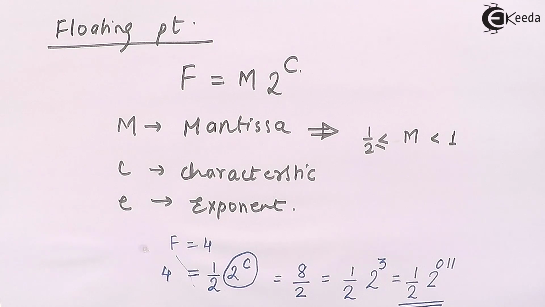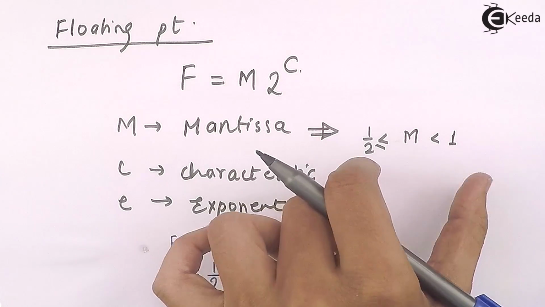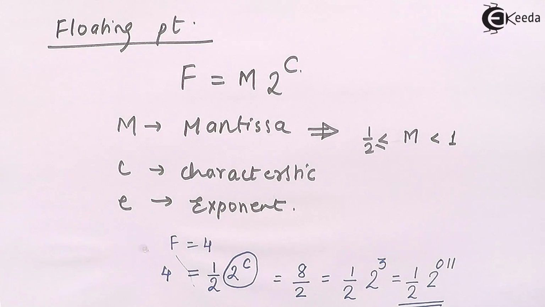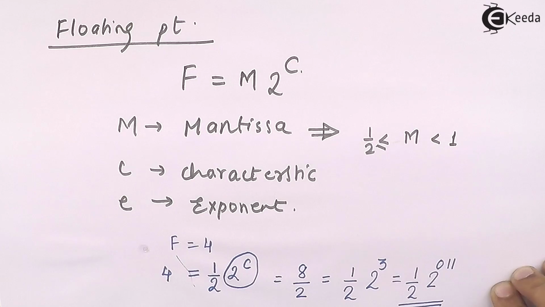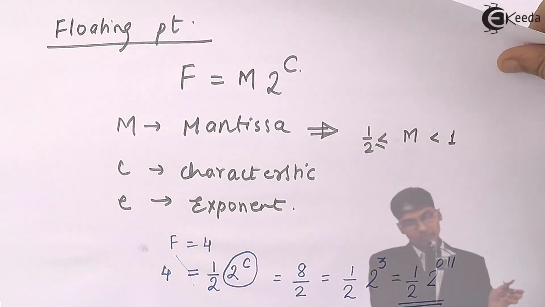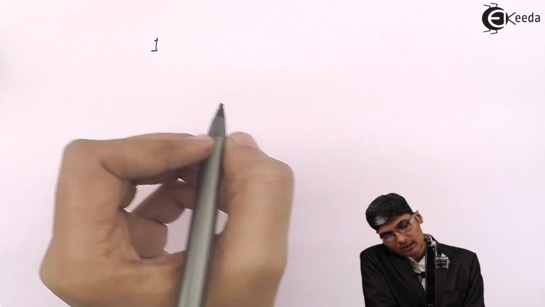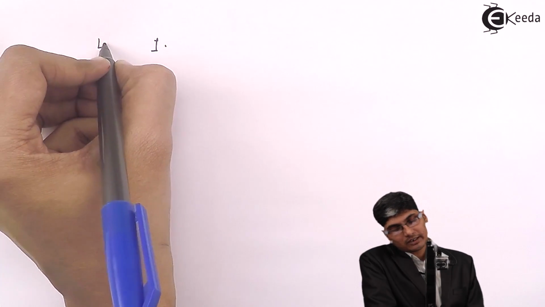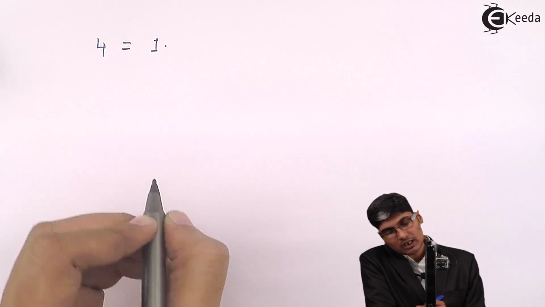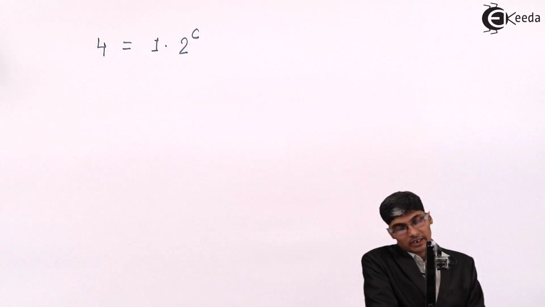So a number 4 can be represented in this form, where I have a mantissa which has to be in this length, and then the characteristic is 0, 1, 1. Suppose I use the mantissa to be 1. Let's say the mantissa is 1. So if I consider the mantissa to be 1, I want the result to be 4. Mantissa is 1. Now for 2 raised to c, I want the answer 4 here.